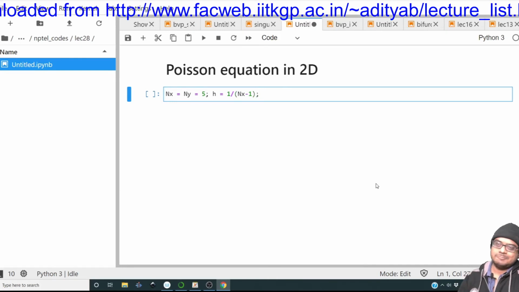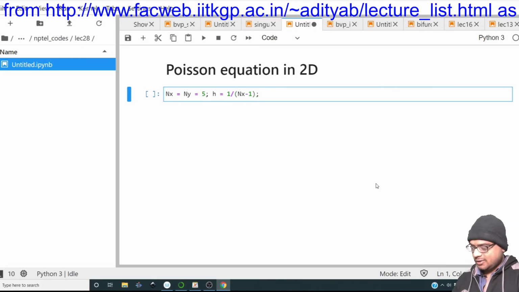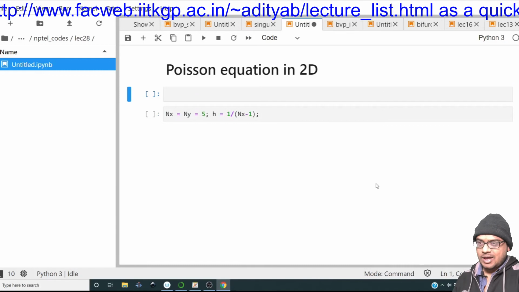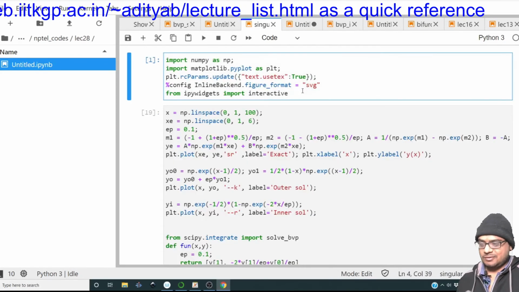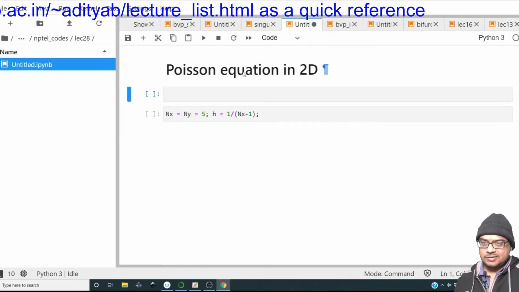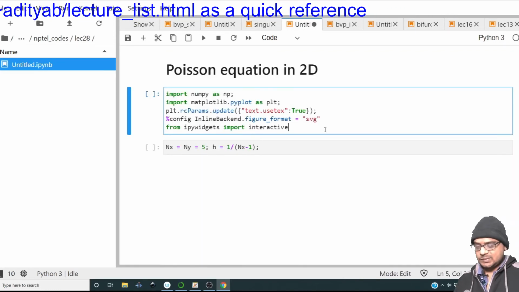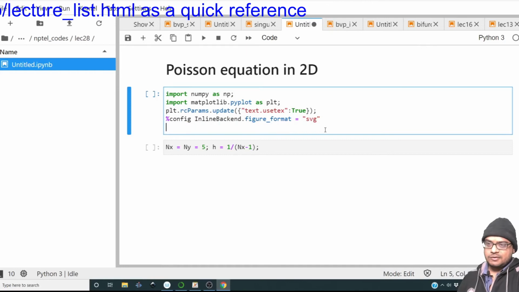So let us predefine, or before all this, I've forgotten to add the different packages that we will need. In fact, we don't need ipywidgets.